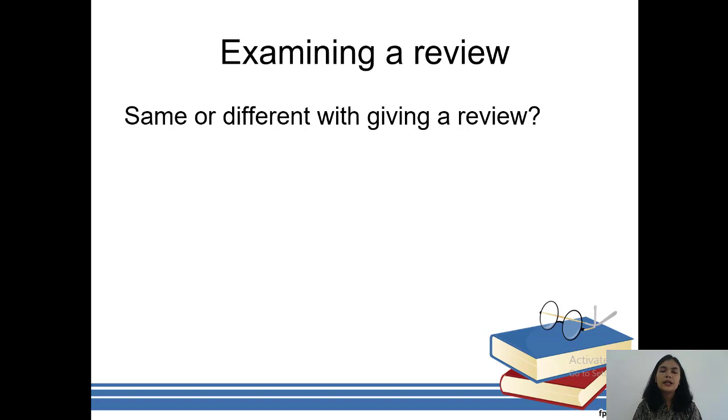Examining a review is quite similar, I would say, to identifying, but I think this one is deeper than identifying. However, there's a question over here. Do you think that the act of examining a review is the same or different from giving a review?